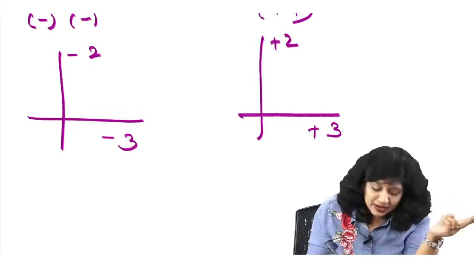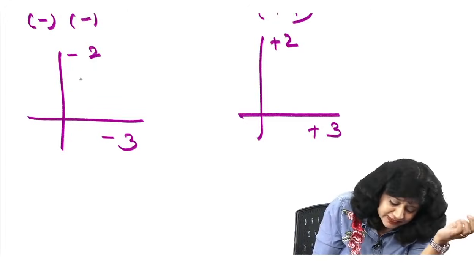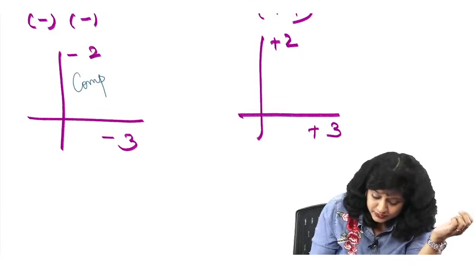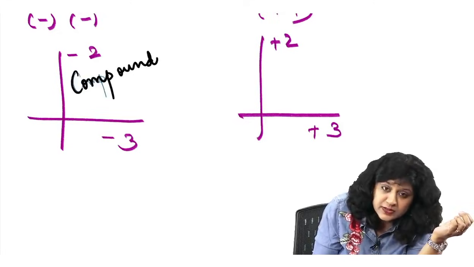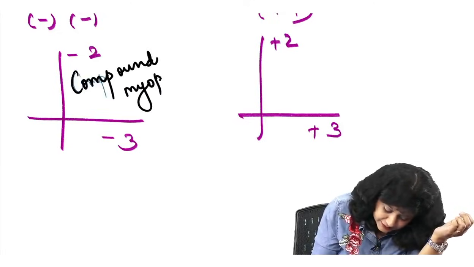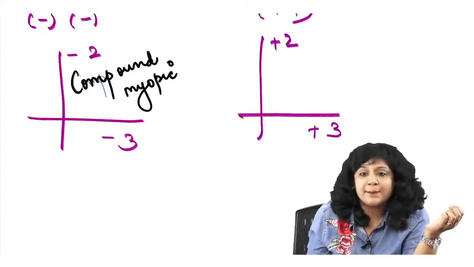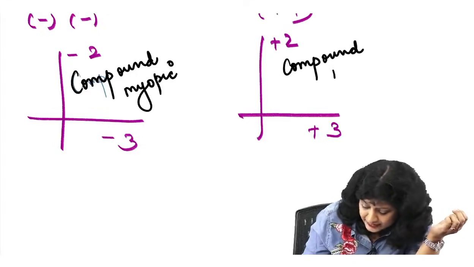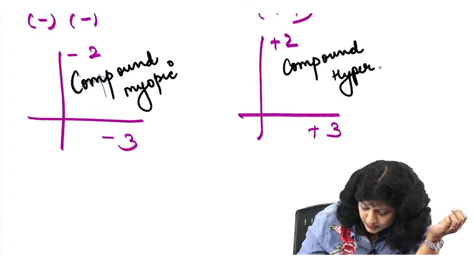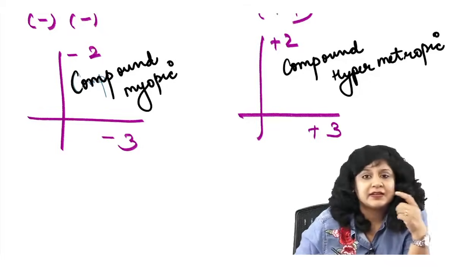So if both of them are negative, then I will say that this is compound myopic astigmatism. While if both of them are plus, then I will say this is compound hypermetropic astigmatism, right?